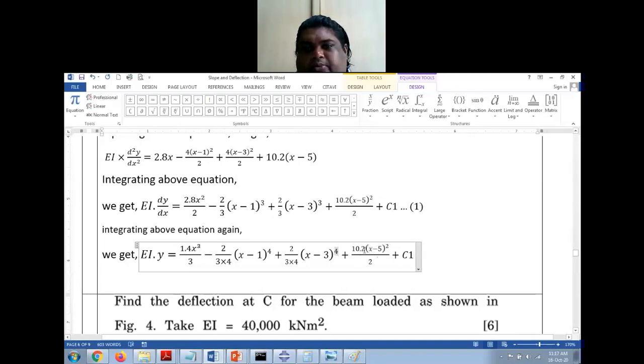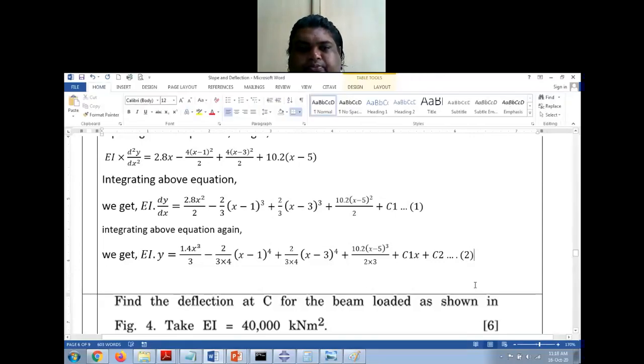This will be 10.2 (x minus 5) whole cube divided by 2 into 3 plus C1 x plus another constant C2. So you got a very long equation now. There are many parameters, so we need to be a little careful when you are substituting the values. So I will call this equation as number 2.